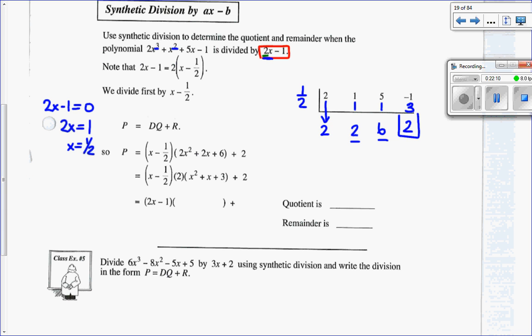Because we have actually divided it by a half, we have to realize that this 2x minus 1 is actually 2 times x minus a half. If you multiply this out, 2x, and then 2 times negative a half is negative 1. So it's actually twice x minus a half. So in essence, what we've done is we really have divided first by x minus a half, where then x equals a half. Okay, so that's what we've done here.